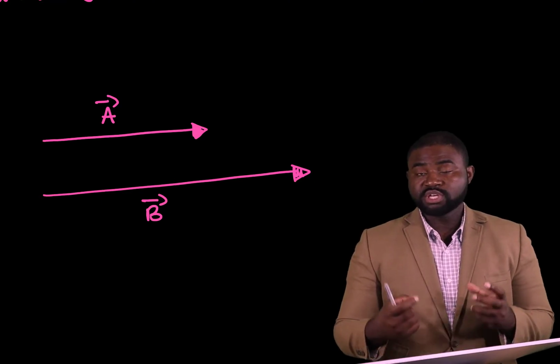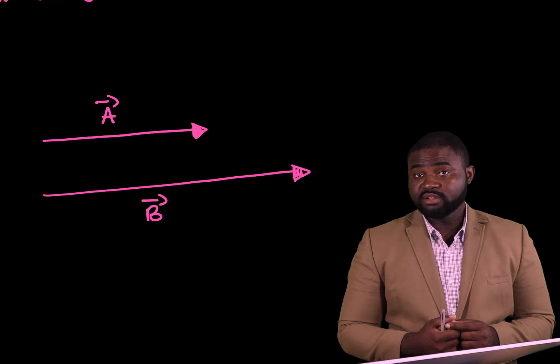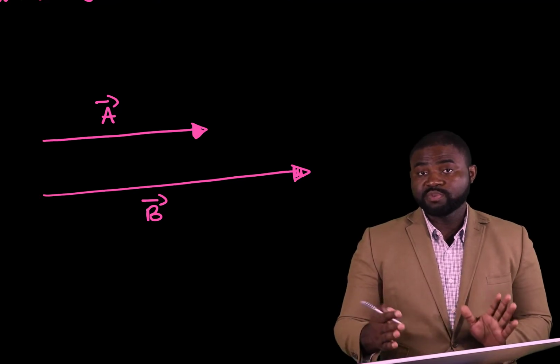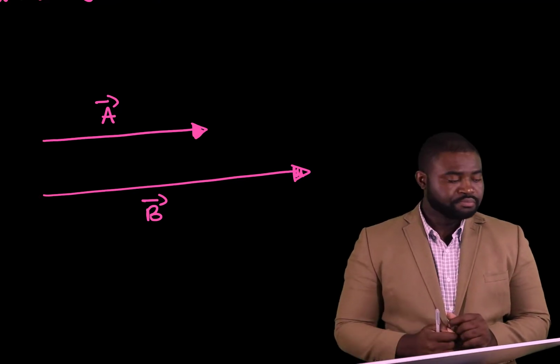But if these arrows are drawn to scale, then the size of the arrow will represent the size of the vector.